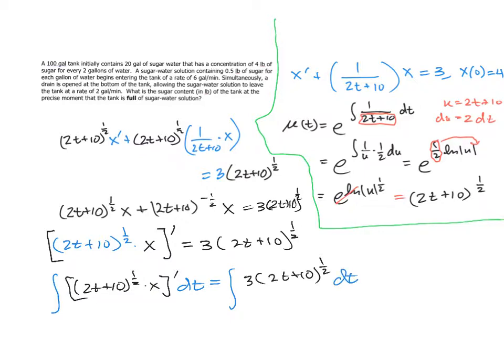And then, of course, we're going to have our derivative and integration cancel out, their inverse operations, and we're going to have our 2t plus 10, which I think I'll have to save for the next video. So we'll just pause it there and leave it with the integration to do.